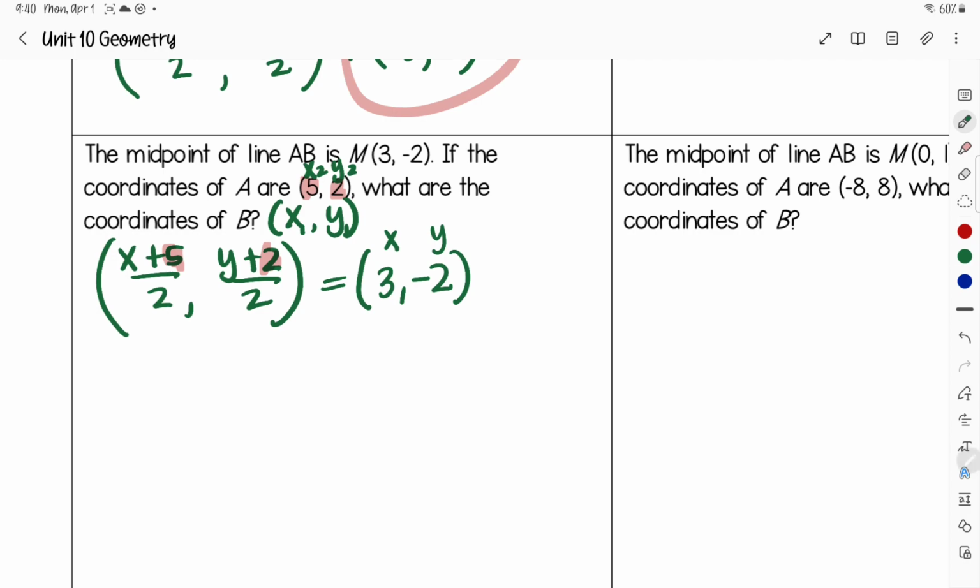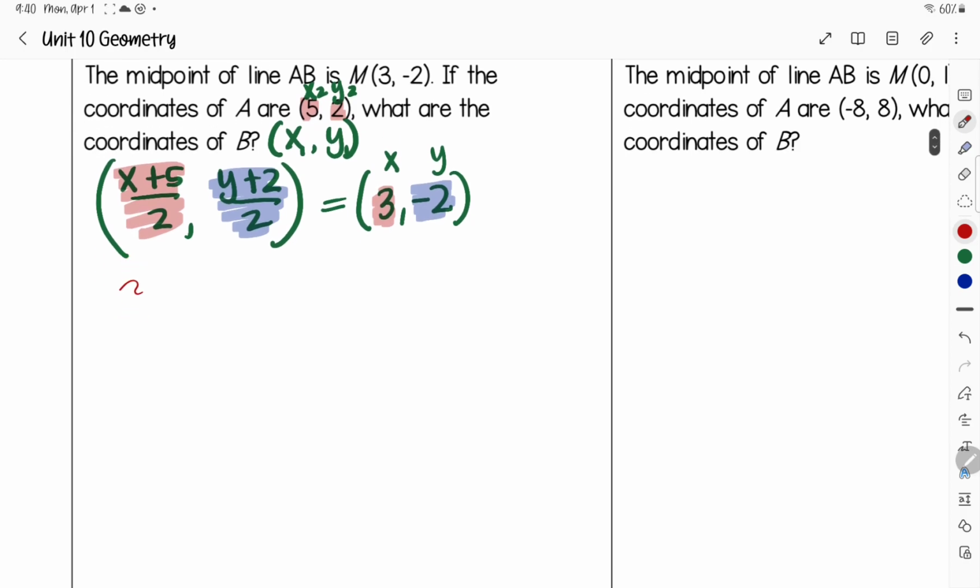This x piece is equal to this one, and this one is equal to this one. So we're going to set them up as two separate equations. We've got x plus 5 divided by 2 equals 3, and y plus 2 divided by 2 equals negative 2. Then you solve each for its independent variable.